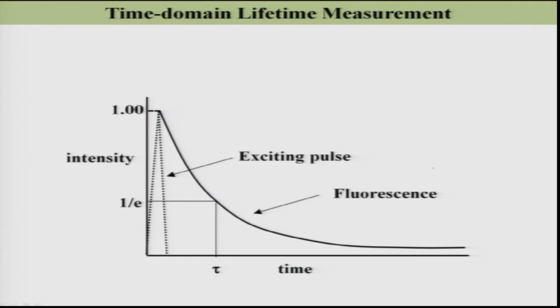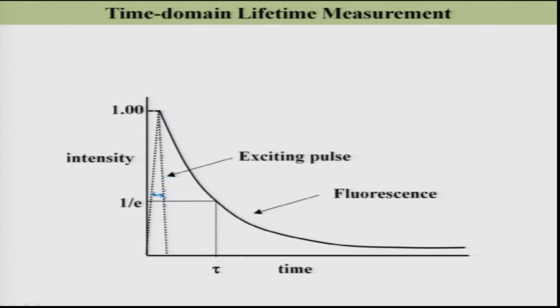One is the frequency domain method, another is the time domain method, but in this course I will discuss only the time domain method. So, in the time domain method, as I said, we are going to excite the molecule with an instantaneous pulse. That is what I have shown here with this dotted line. This time is very small compared to this decay.